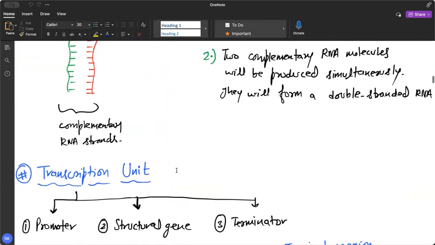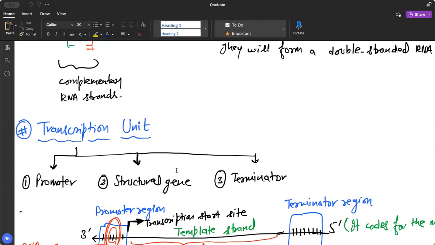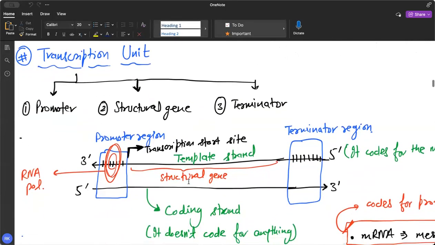Just remember that there is one change here, which is that RNA does not have thymine, but it has uracil. So if you are making an RNA from DNA, all the information that's coded for thymine by DNA gets converted into uracil when you make an RNA. Okay, cool.